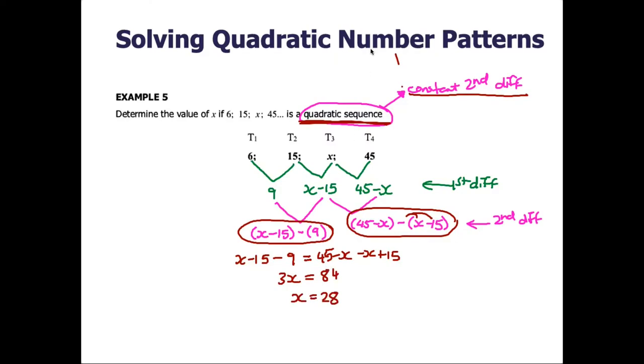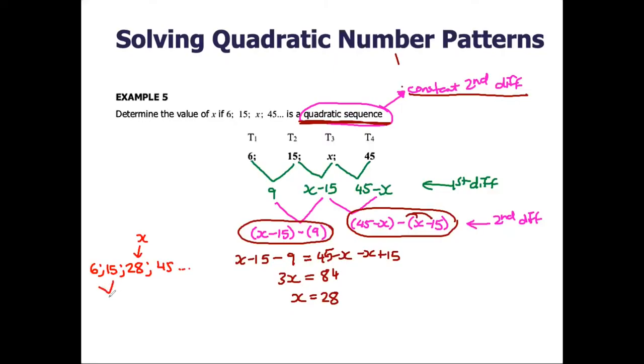And what I like to do at that point is just check that my pattern works. So if I write out my pattern, 6, 15, 28, so that's your x value now, 45. And we just check it.